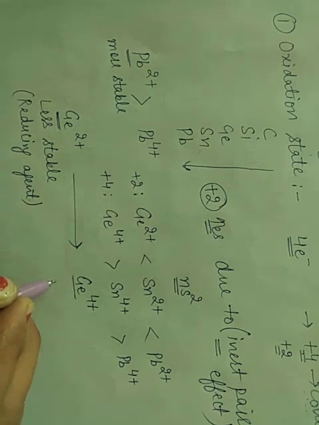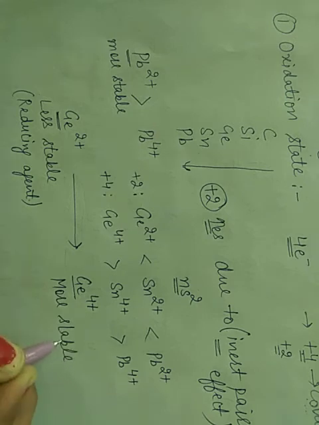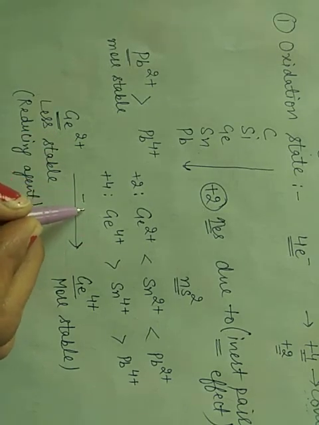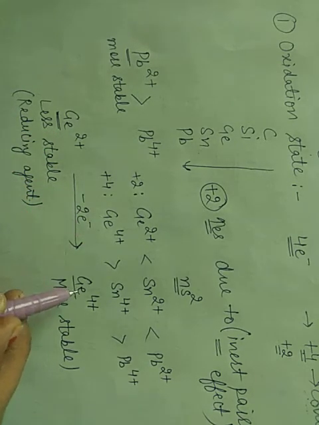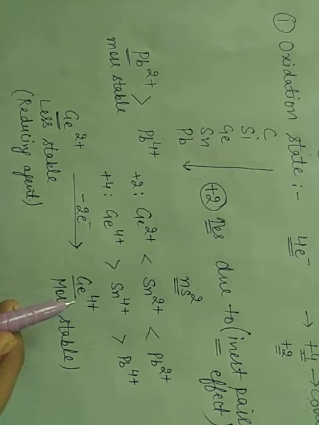And germanium +4 is more stable. Okay, so this is the reason. So germanium +2 will get oxidized and it will be converted into germanium +4. Okay, so germanium 4 is more stable.